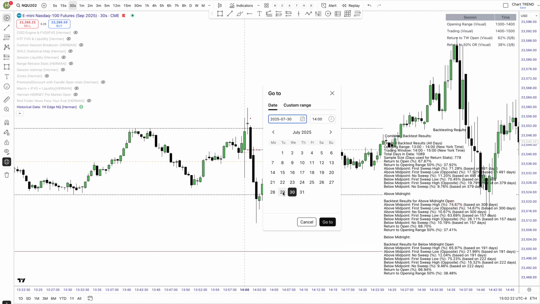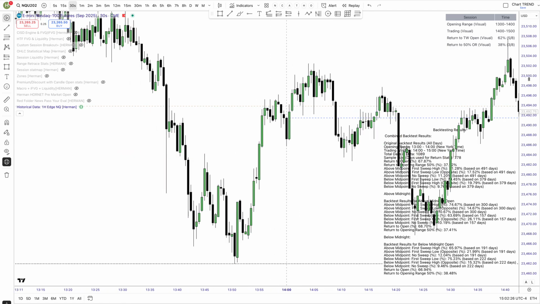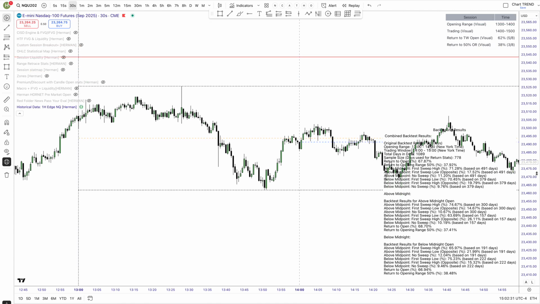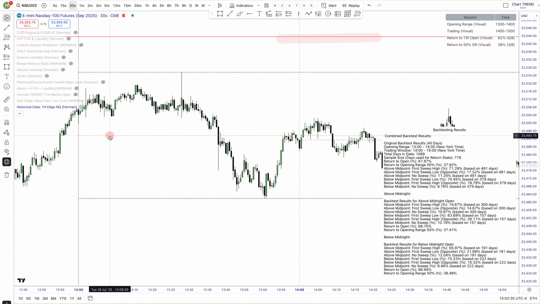What about last Tuesday? Last Tuesday we opened in the bottom half, below the midnight. That's the midnight, and we opened below the midpoint of the previous hour.